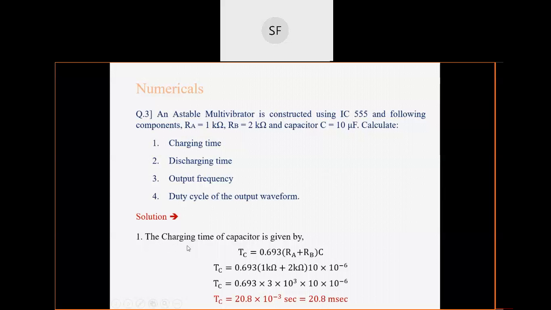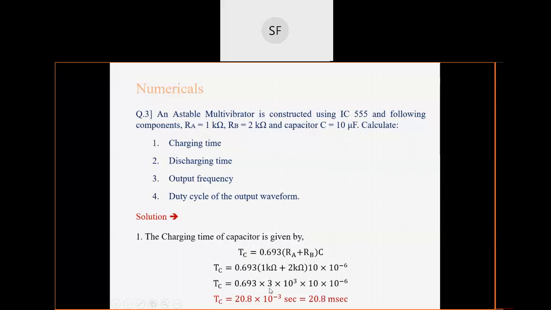First is the charging time of the capacitor. This is the formula for charging time, where both resistors will be there. Charging time equals 0.693 into (RA plus RB) into C. We have the values of RA, RB and capacitor C. So again you have to put the values carefully: 1 kilo ohm plus 2 kilo ohm multiplied by a capacitor of 10 microfarad, so 10 into 10 to the power minus 6. 1 plus 2 kilo ohm is nothing but 3 kilo ohm.